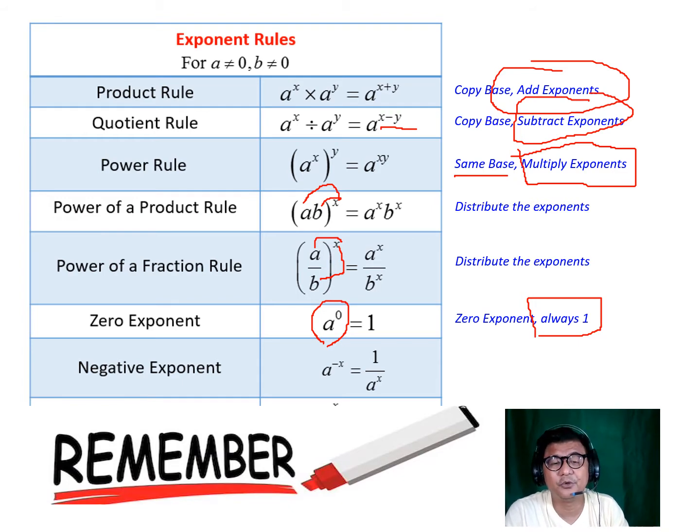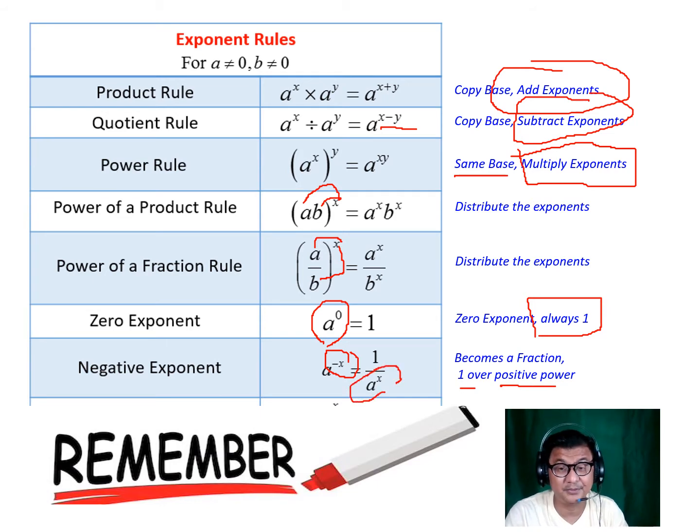For negative exponents, math teachers do not want to see a negative exponent. So what do they do? They change it into a fraction wherein 1 is the numerator over the positive power now. Okay, remember this, and this will make your life easier.